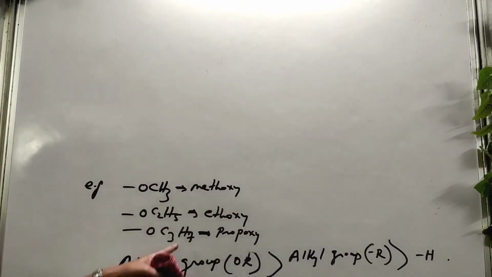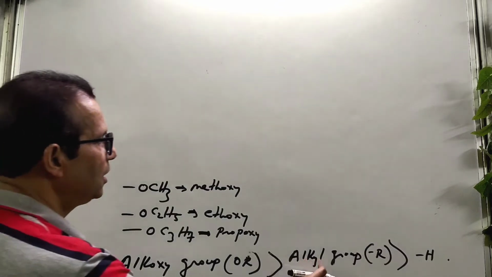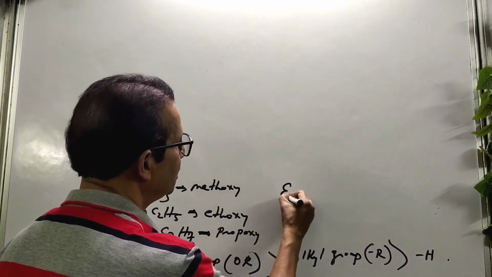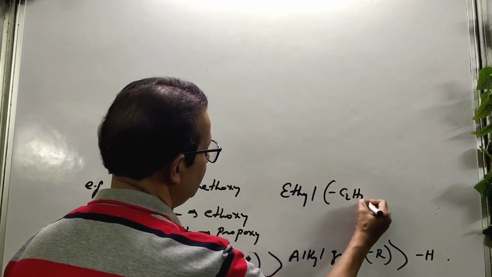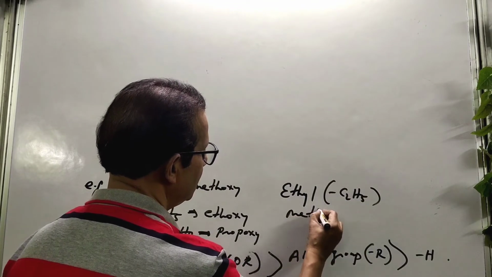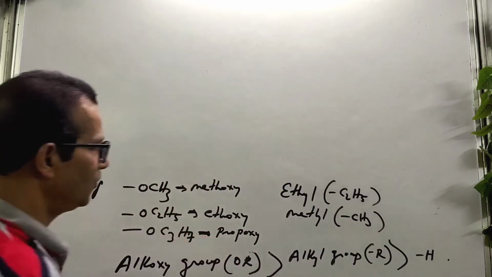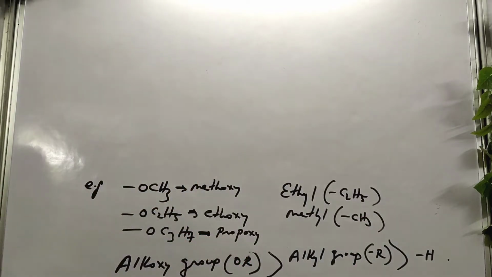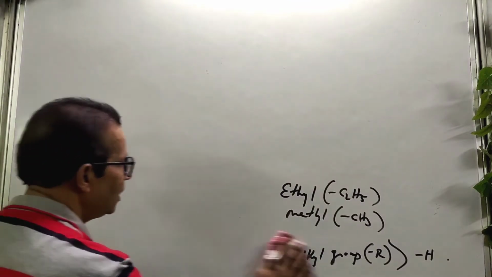These are all alkoxy groups. Actually, you will find it in ethers. Alkyl groups, you know better: ethyl, C2H5, methyl, CH3, etc. You know it. Now the next.